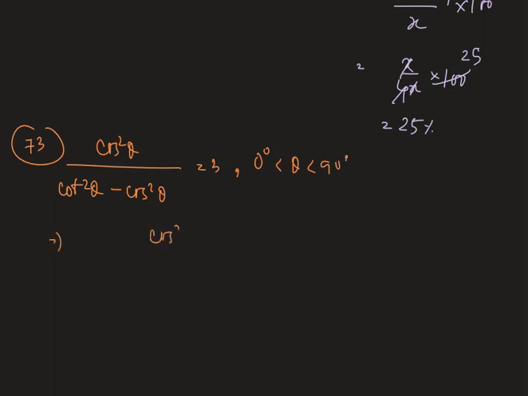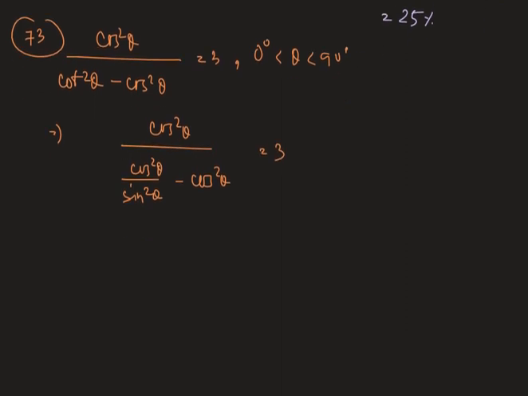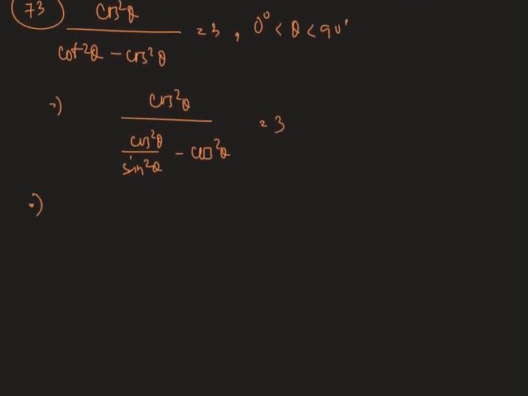Now we can write cos square theta divided by (cos square theta divided by sin square theta minus cos square theta), as we know that cot theta is equal to cos theta divided by sin theta, and this is equal to 3. Therefore cos square theta divided by cos square theta multiplied by (1 by sine square theta minus 1) is equal to 3.